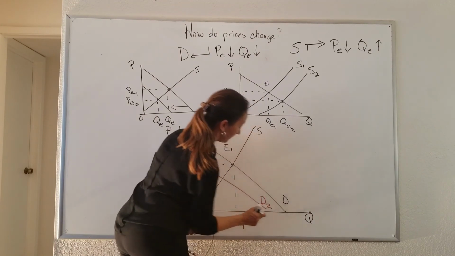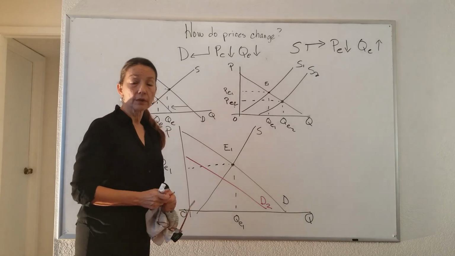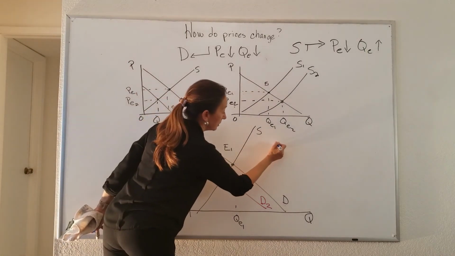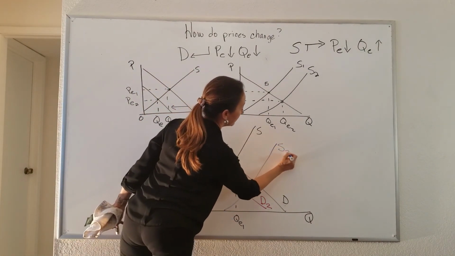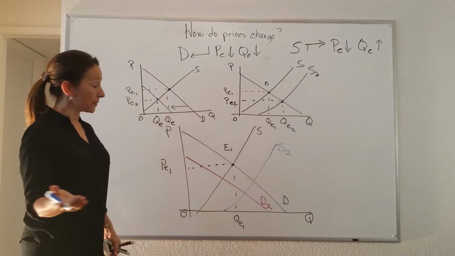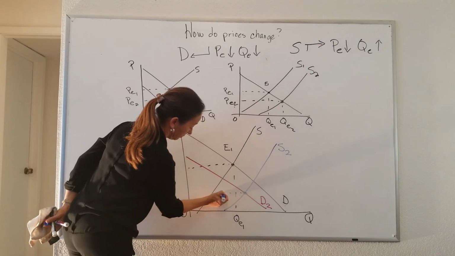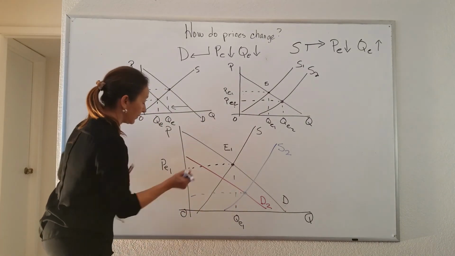That's our D2. And we're told that supply shifts to the right, that's S2. What happens? Well, for sure, price went down. Okay, so we have a lower price.